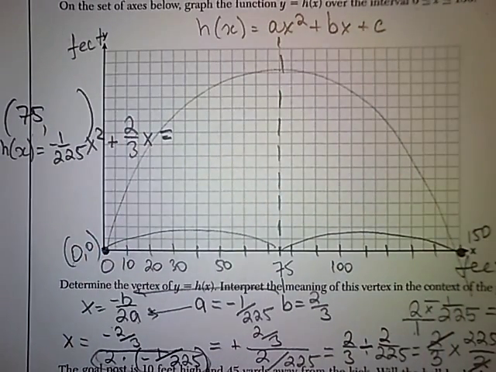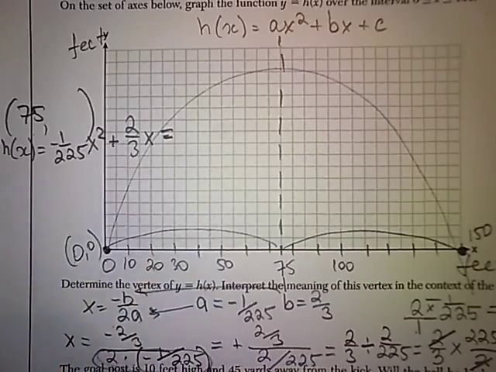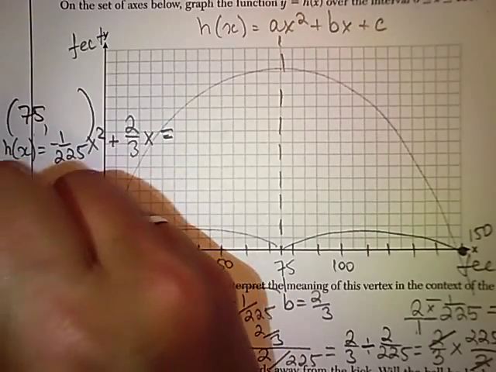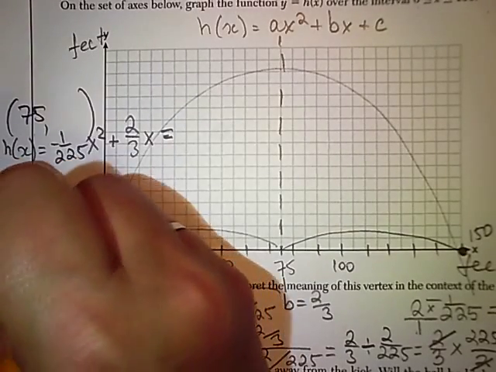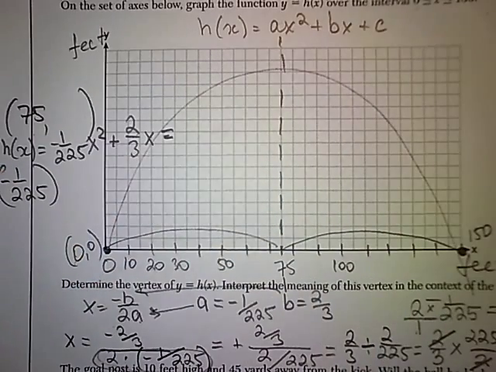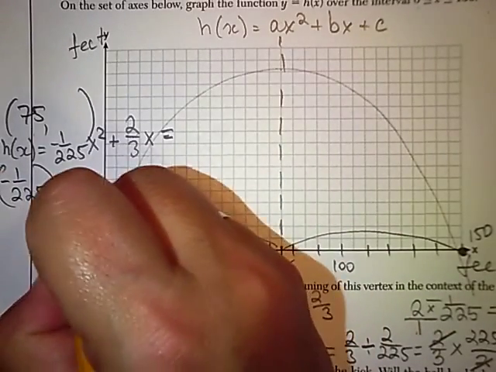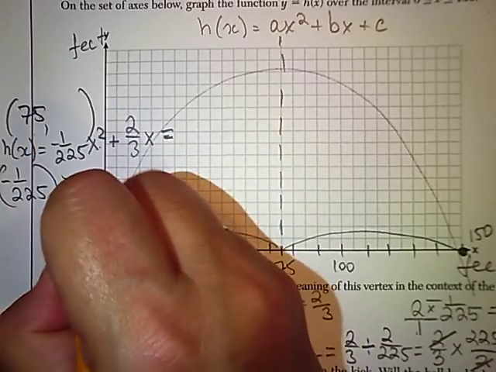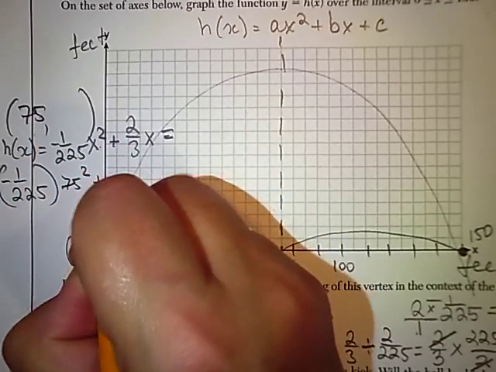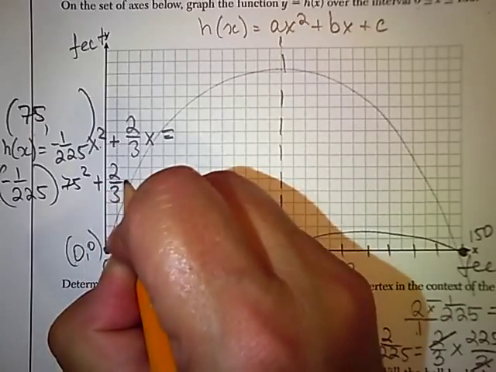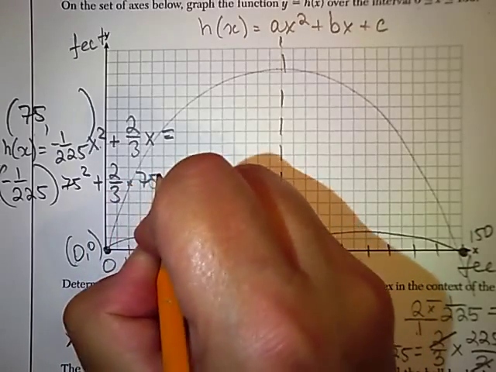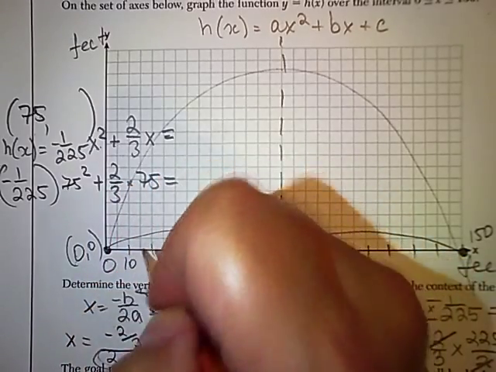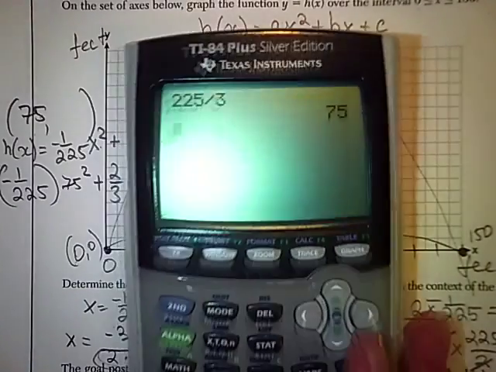And let me plug x into the formula. Negative 1 over 225, I like to use the parentheses, times my x, which is 75, 75 squared, plus 2 over 3 times 75. Let me use the calculator.